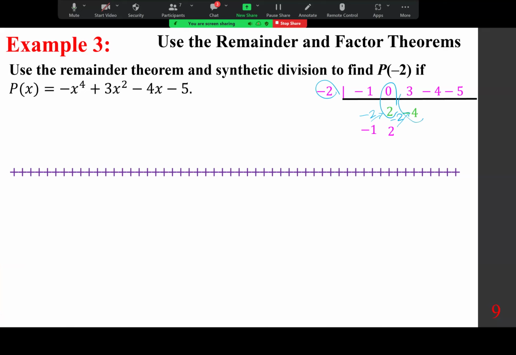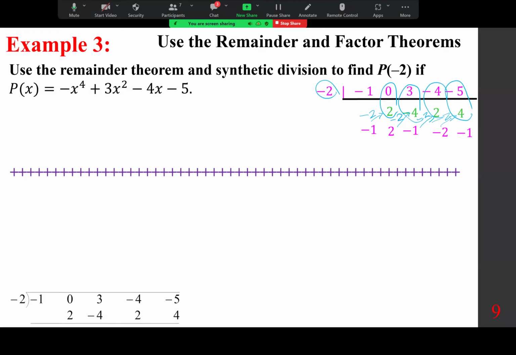Multiply by -2 again, we get +2. Add these two, we get -2. Multiply by -2, we get +4. Add these two, we get -1. So I think it's pretty straightforward, everybody, but you need to practice a little bit.